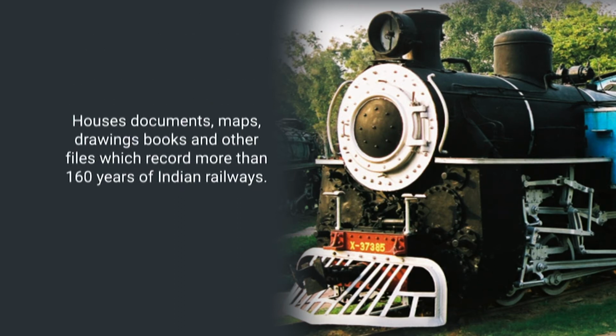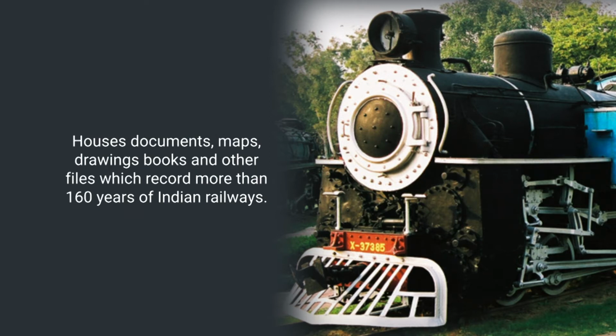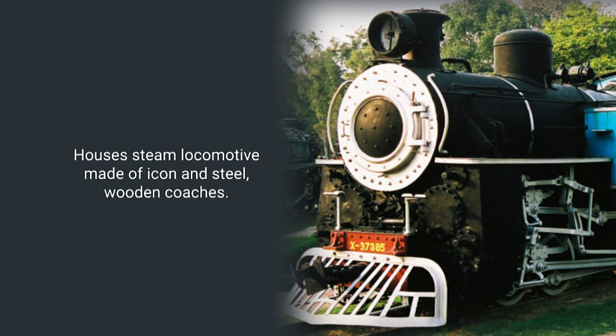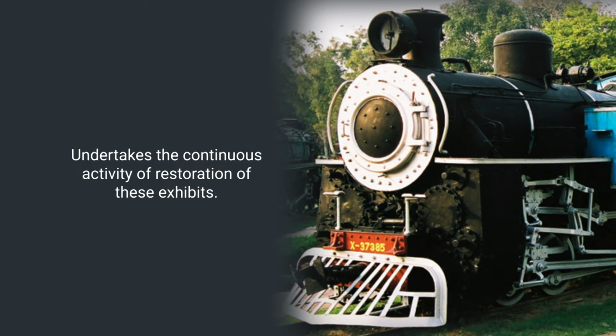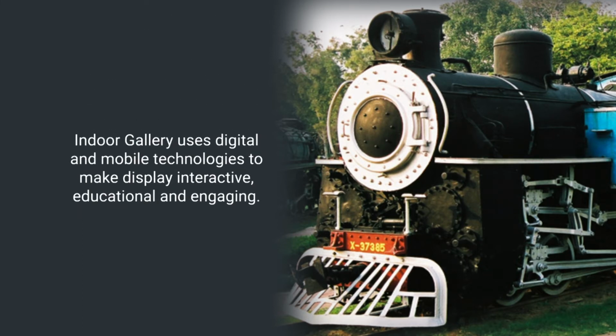It also houses documents, maps, drawing books and other files which record more than 160 years of Indian railways. It houses steam locomotives made of iron and steel, and wooden coaches. It undertakes the continuous activity of restoration of these exhibits, and the indoor gallery uses digital and mobile technologies to make displays interactive, educational and engaging.